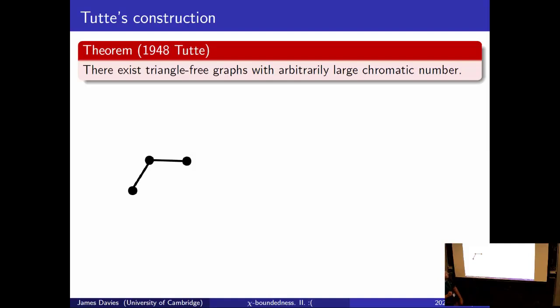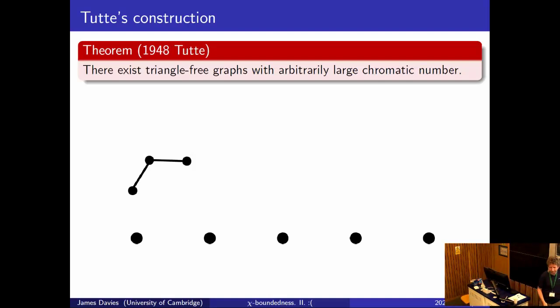So let's just say I start off with something easy, this 2 chromatic 3 vertex path. I want to show how I'm going to bump this up to a 3 chromatic graph. And I'll be maintaining that we're triangle free. So for this construction, I'm going to start off with a large independent set of vertices. And now my previous graph had 3 vertices, so I'm going to look at each subset of 3 vertices down here.